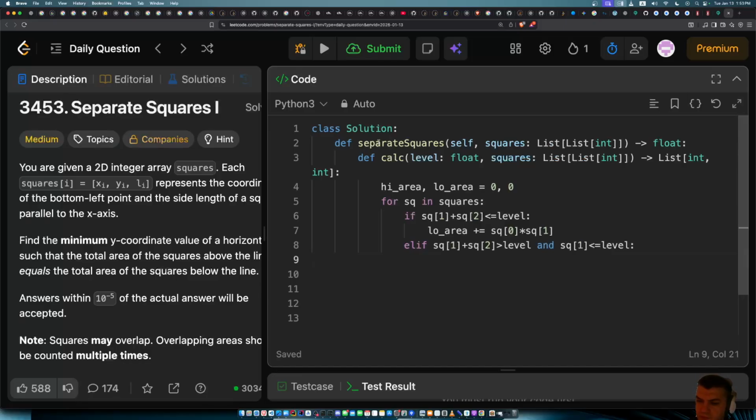And for the low area, the length gonna be at the level, so the lower part and the upper part. The upper part is li, so li is gonna be square 2 minus square 1 minus level, and it's gonna be the upper side.